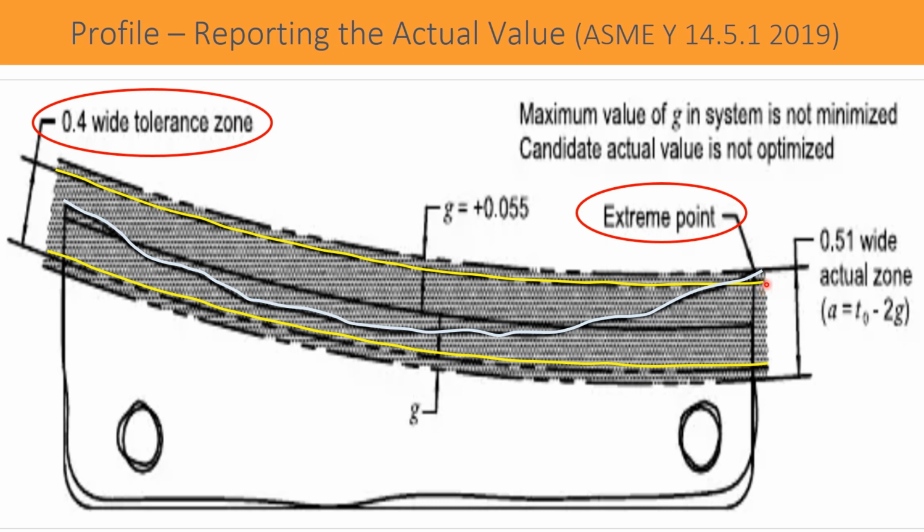So it is beyond 0.2, and when from the extreme point a profile parallel to the nominal profile is drawn, the difference between the tolerance limit maximum material boundary and the actual maximum material boundary is shown here as the G factor, equal to 0.055.